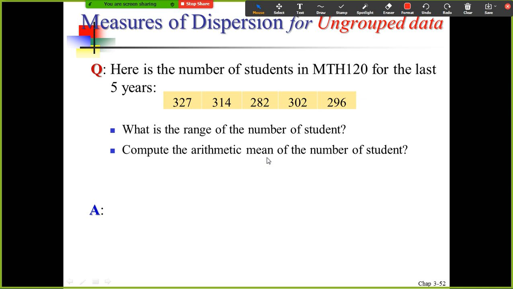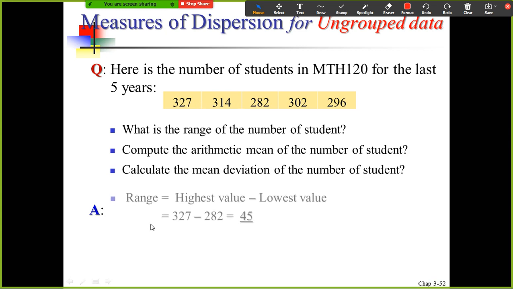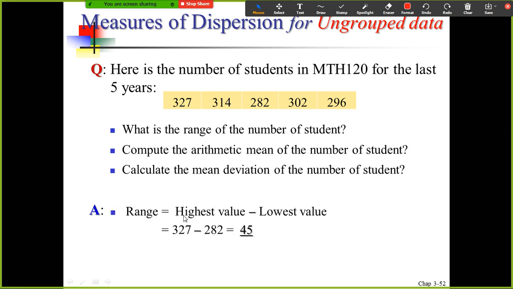Compute the arithmetic mean of the number of students. Calculate the mean deviation of the number of students. We have 3 questions based on ungrouped data, a sample one. In order to find a range, you need to find the highest value and the lowest value. Maybe it's easy because there is a small number of items in our dataset.